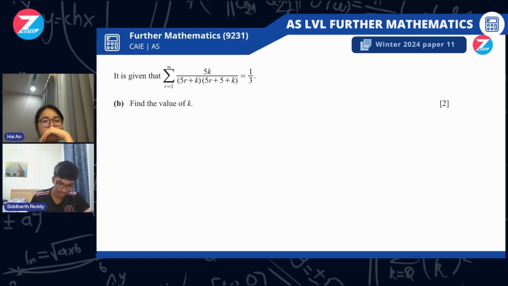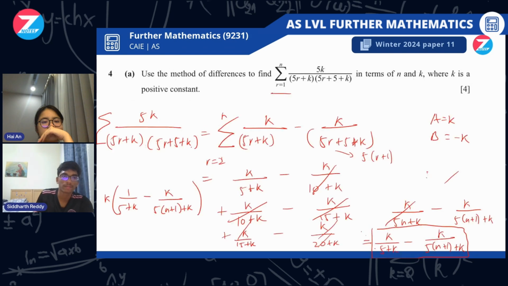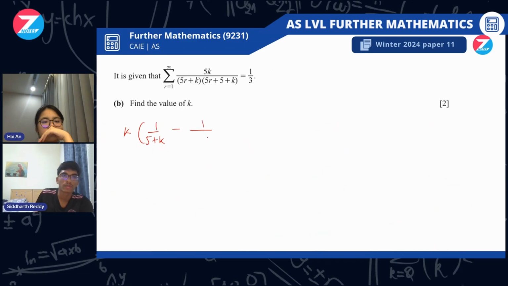Find the value of k. So let's rewrite it. So we've got k into 1 by 5 plus k minus 1 by, this should be 1 not k, 5 into n plus 1 plus k.